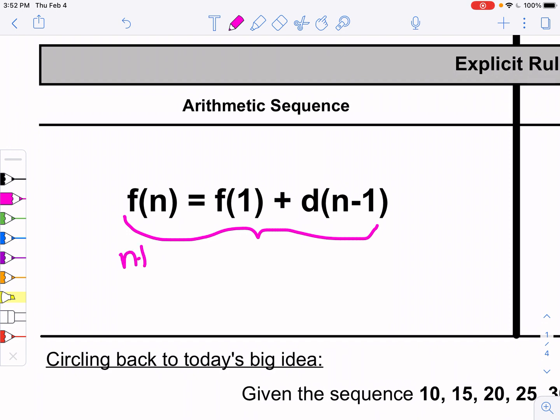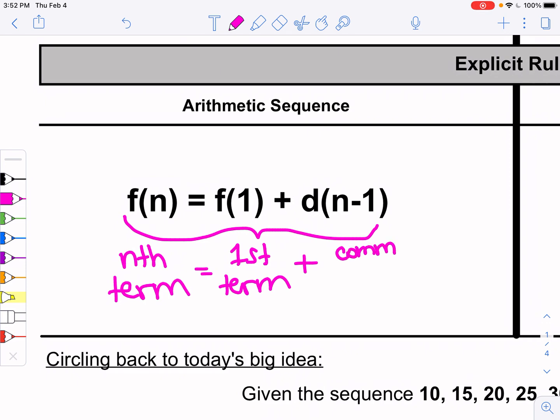So we write nth term equals the first term, it's where you start, plus the common difference n minus 1 times. So we're adding 5, 1 less than our term number. So if I want the 100th term, I need to have my start, which is 10, and I need to add 5 99 times. That's what that means.